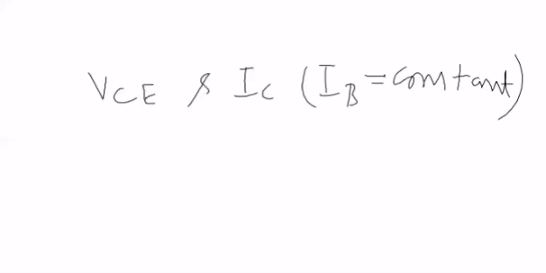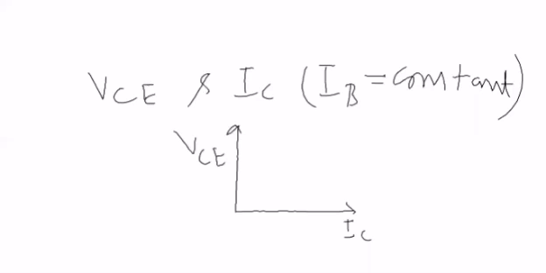If we draw a diagram for VCE, the output voltage, and IC, the output current, this is for example VCE and this is IC, the collector current.